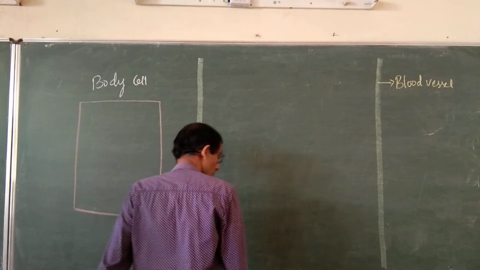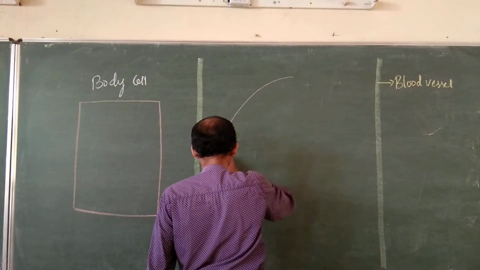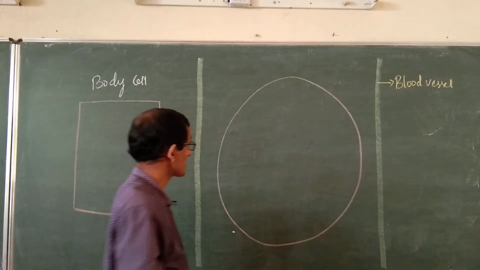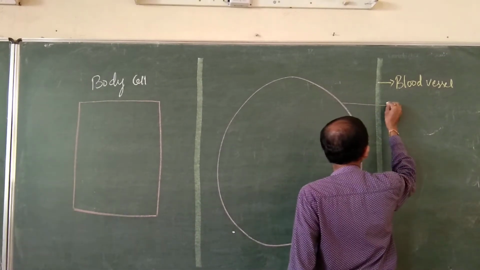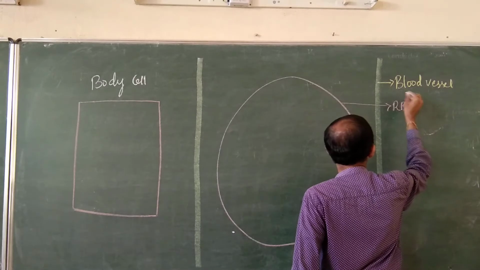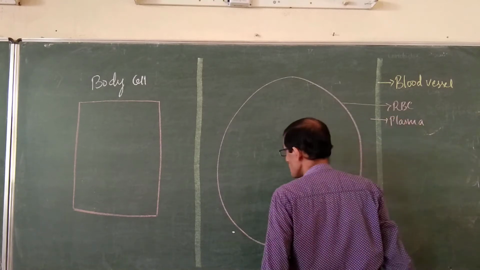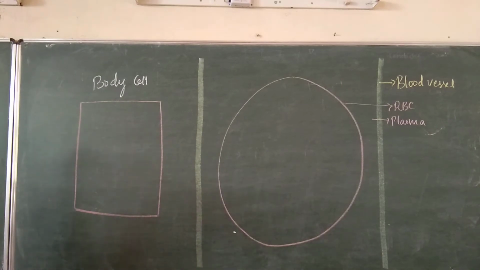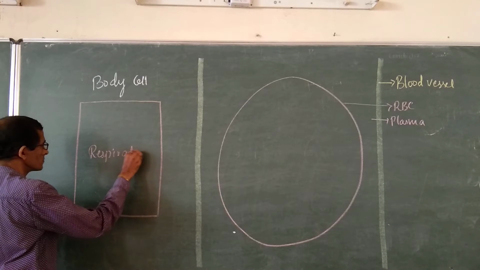Inside the blood vessel there are plasma and RBC. This is the single representation of RBC. I will write all the things here first: RBC, plasma, respiration.